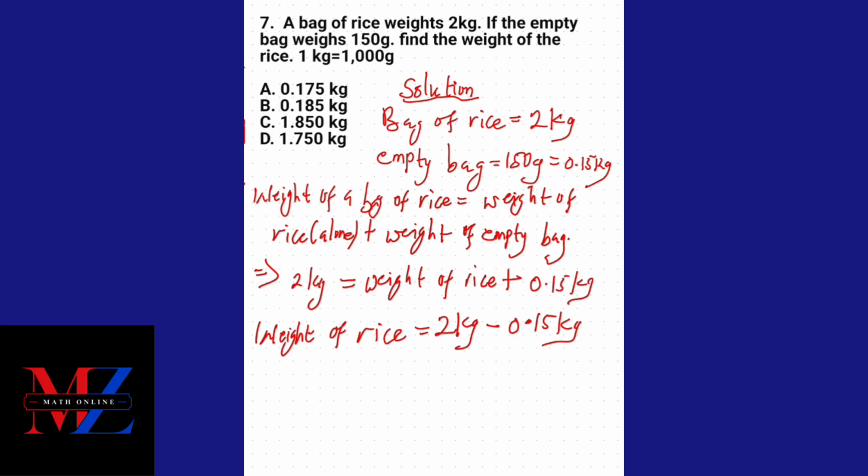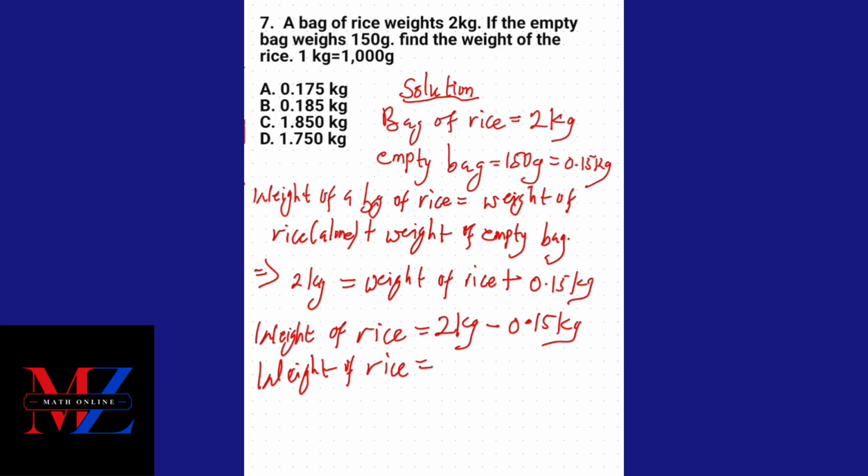If you do that, your answer will be negative. So we can therefore say the weight of rice equals 2 kilograms minus 0.15.